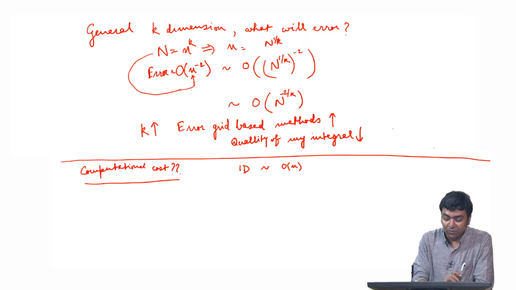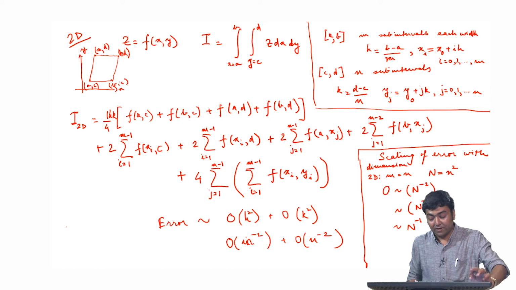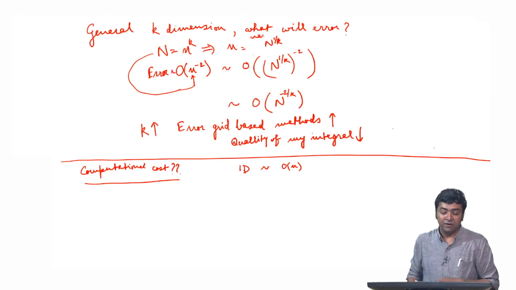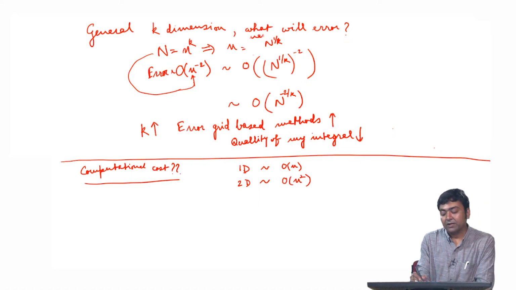Now, as we saw in the last slide, when you go to the 2D case, we have to evaluate the function on an n into n grid. So, what it implies is that it scales as order n square. Similarly, for a 3D case, the computational cost will scale as order n cube. So, for a k-dimensional case, the computational cost scales as n to the power k.